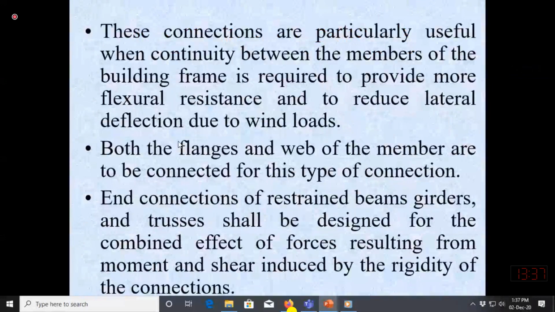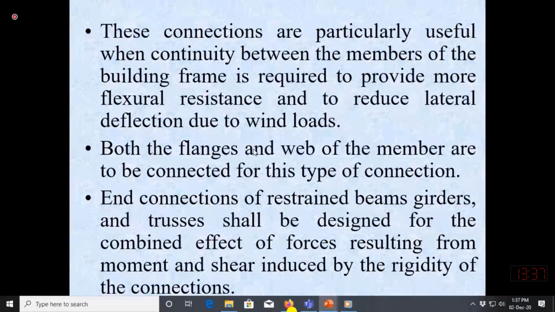First, let me discuss the literature on this slide. These connections are particularly useful when continuity between the members of the building frame is required to provide more flexure resistance and to reduce the lateral deflection due to wind load.